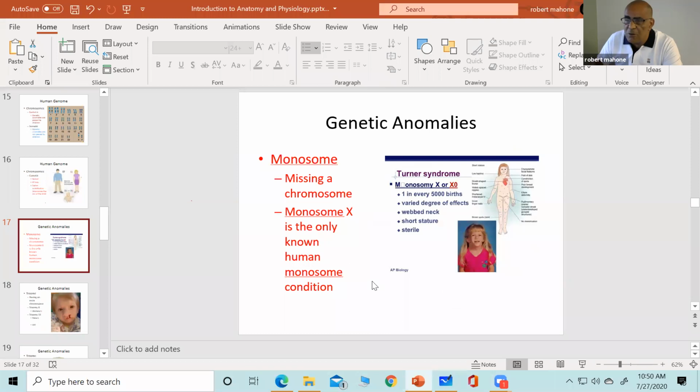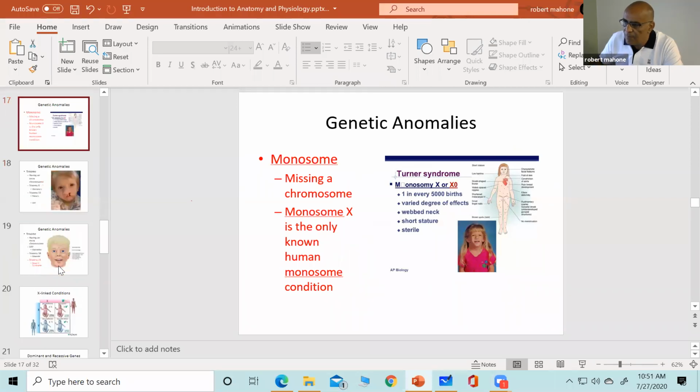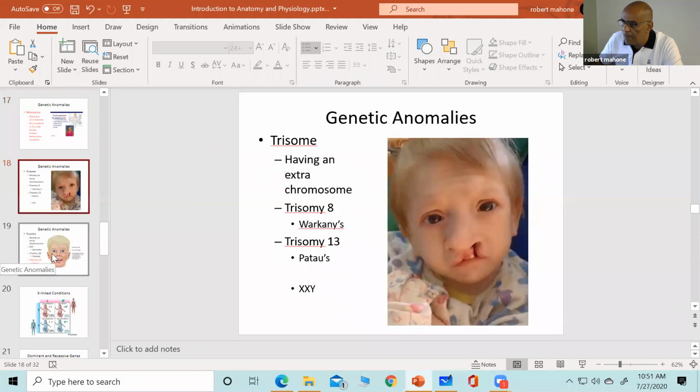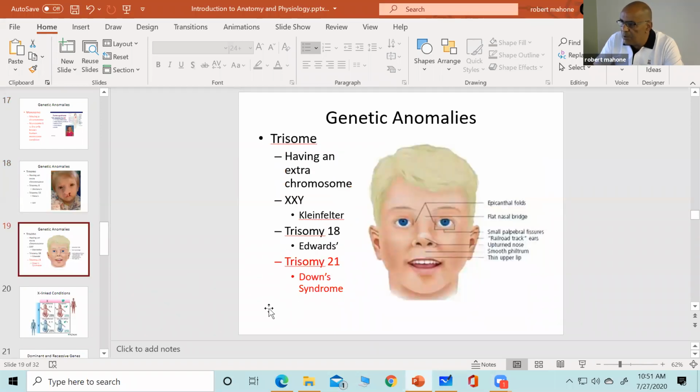Know that if you're missing a chromosome, that's called monosomy, and that the only known human monosomy condition is monosomy X. Trisomy 21 is the most common trisomy condition, Down syndrome.